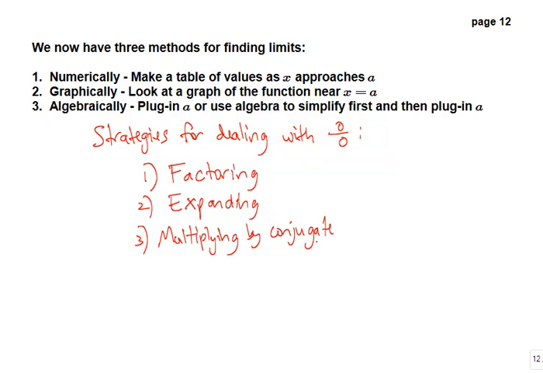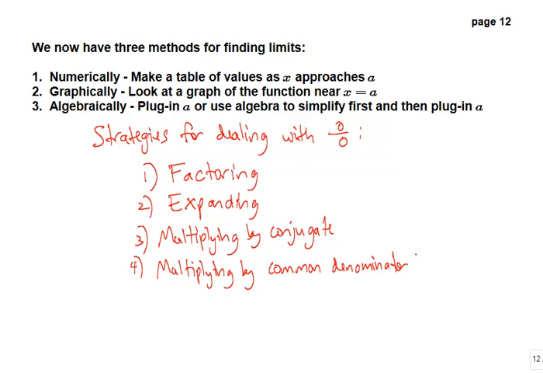That's good for when you have radicals, or sometimes even if you have some trig functions, you can use a conjugate. Multiplying by a common denominator, especially when you have complex fractions.